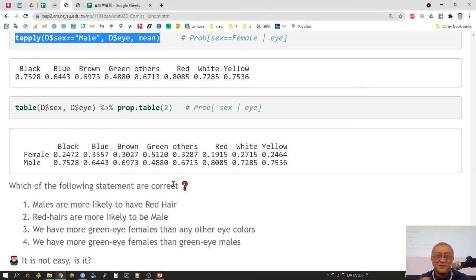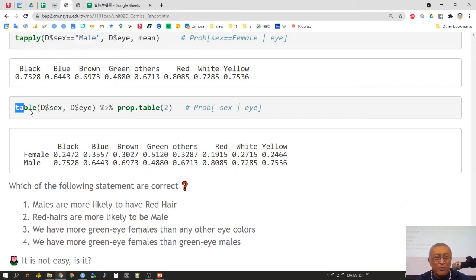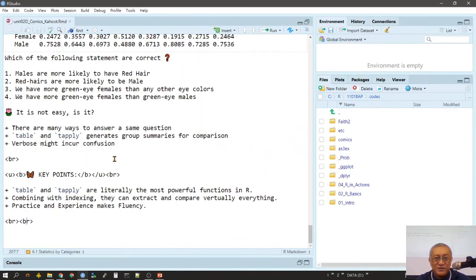Now the next thing, if we do table on sex and I, right? Let's get back to RStudio.